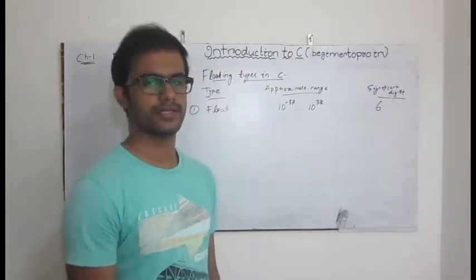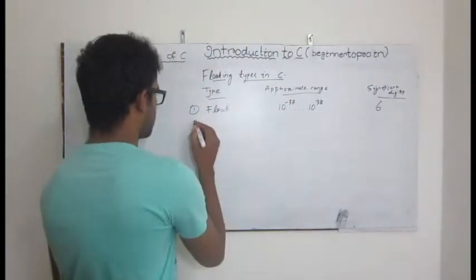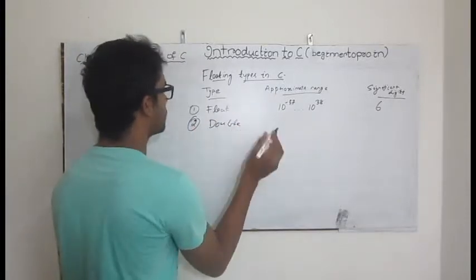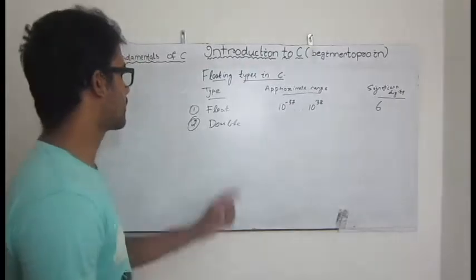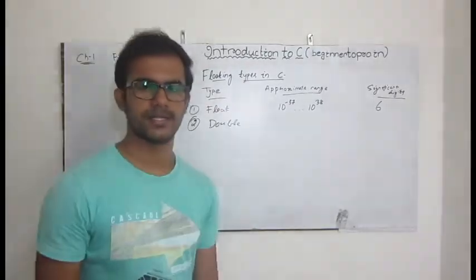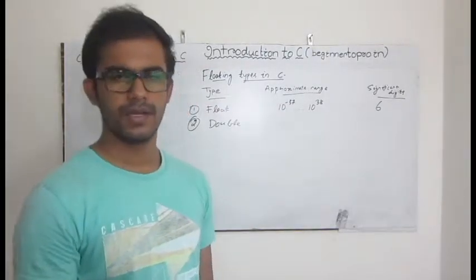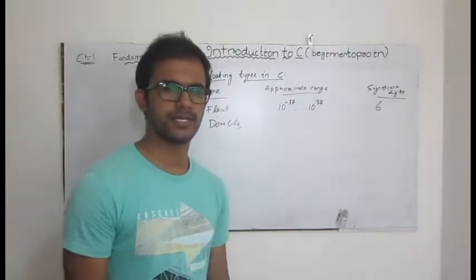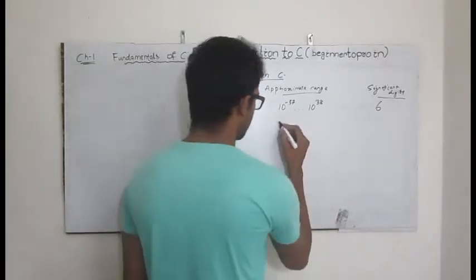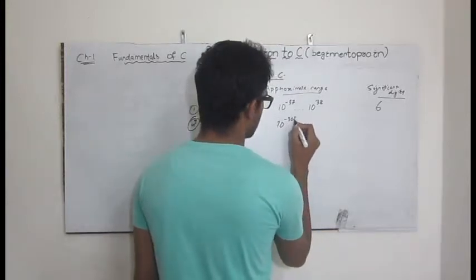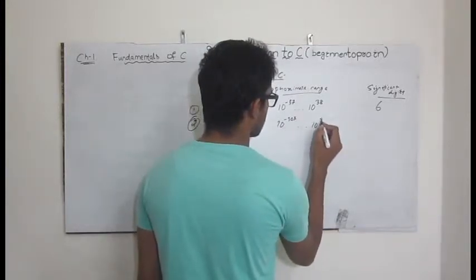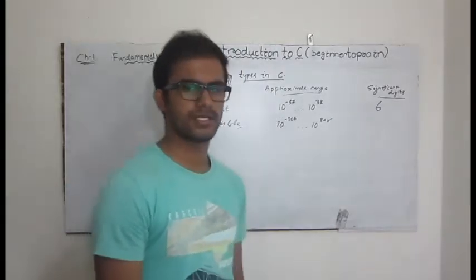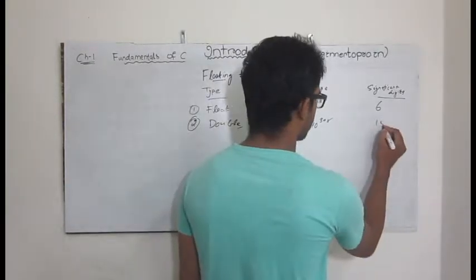Okay, the next type is double. Remember, these all come in the category of floating types in C, and the approximate range for double is 10 to power minus 307 to 10 to power 308, and its significant digit will be 15.